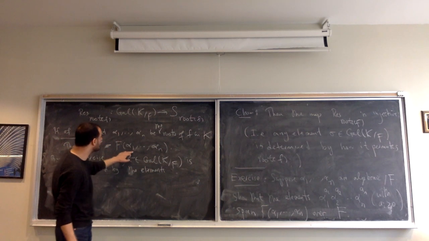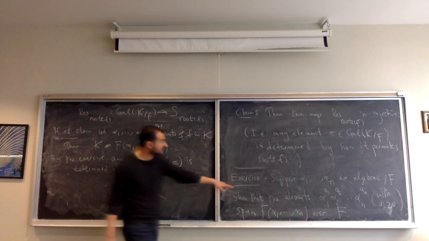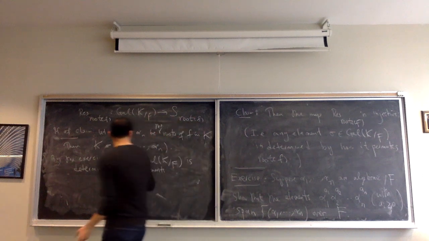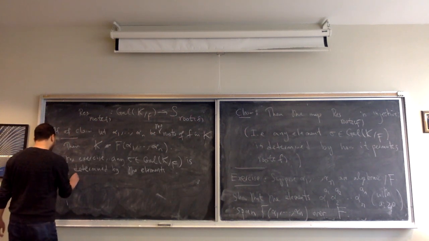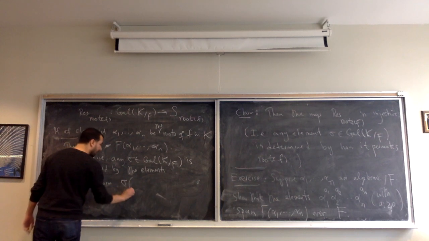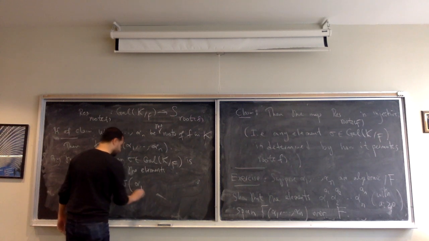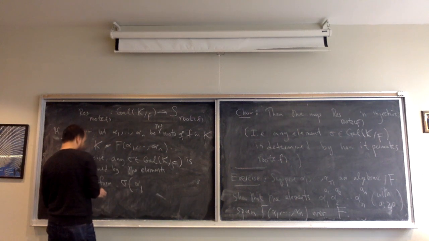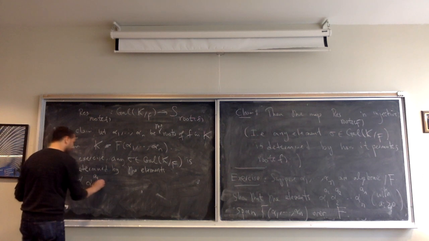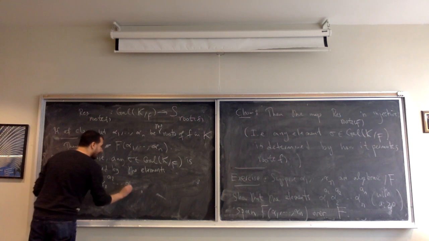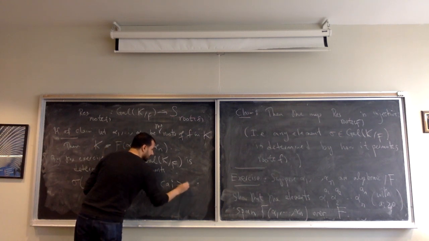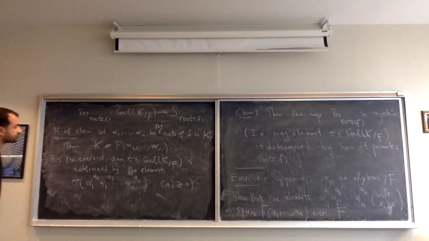But a spanning set of K over F by this exercise is a set of monomials of this form. So by the elements of the form sigma of alpha 1 to the power of some a1, alpha 2 a2, alpha n an, with all a's being non-negative integers.